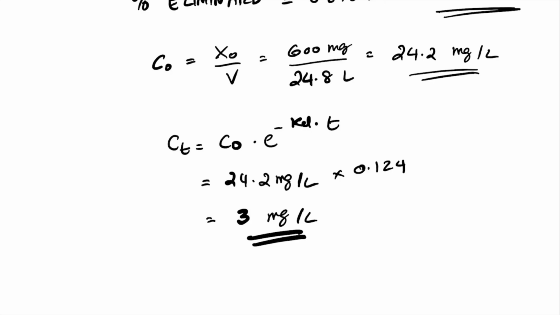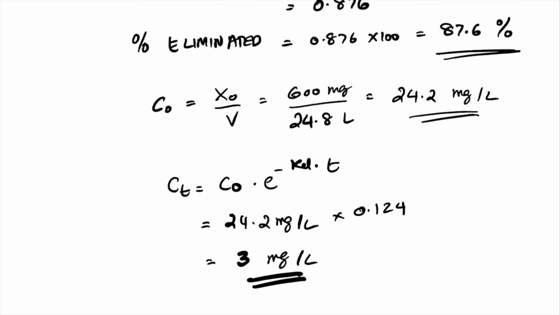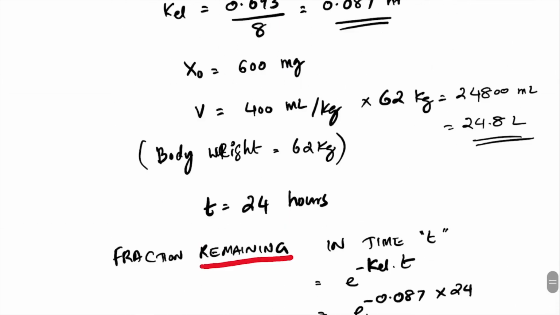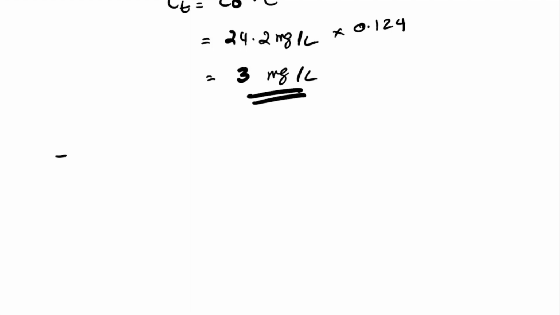Okay, now the next problem has several small subtopics. So this was sample problem number 4, and this is sample problem number 5. A compound is given as an IV bolus injection to a patient requiring a minimal plasma concentration of 4 milligrams per liter for a therapeutic effect.